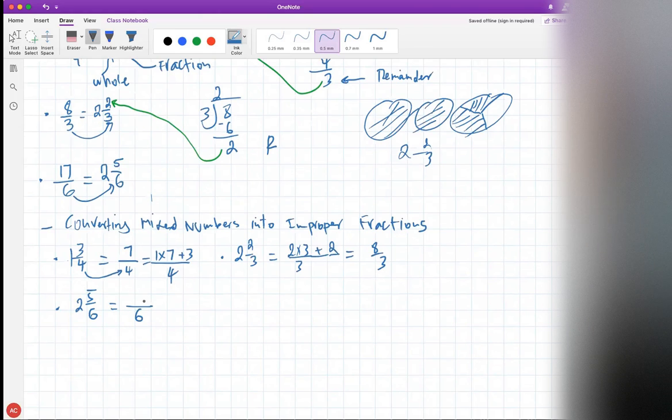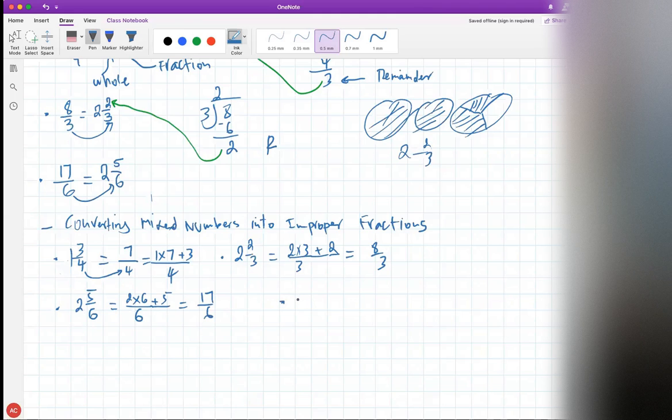Then, how do you get the number on top, the 17? 2 times 6 plus 5, that's right. Plus the 5. That would be 17 over 6. So any mixed number can be turned easily into a fraction.